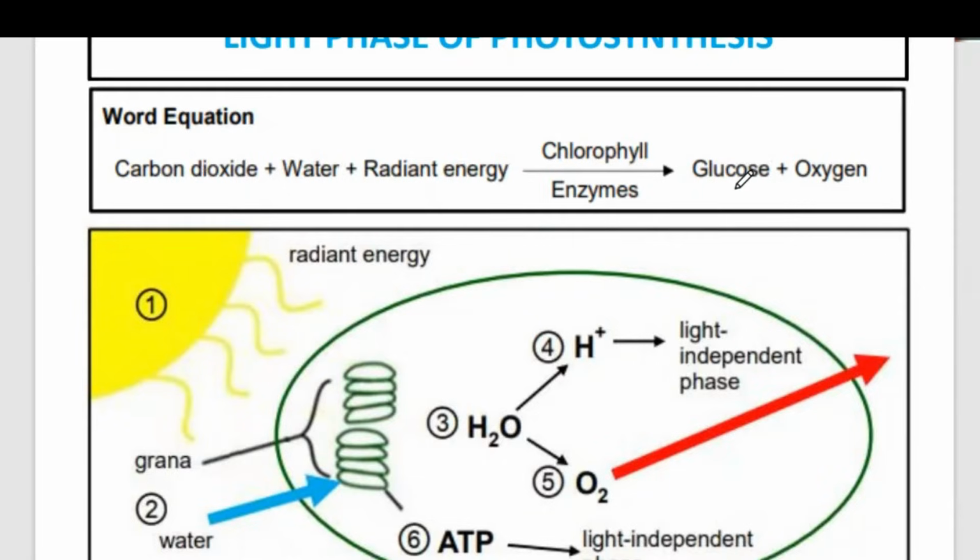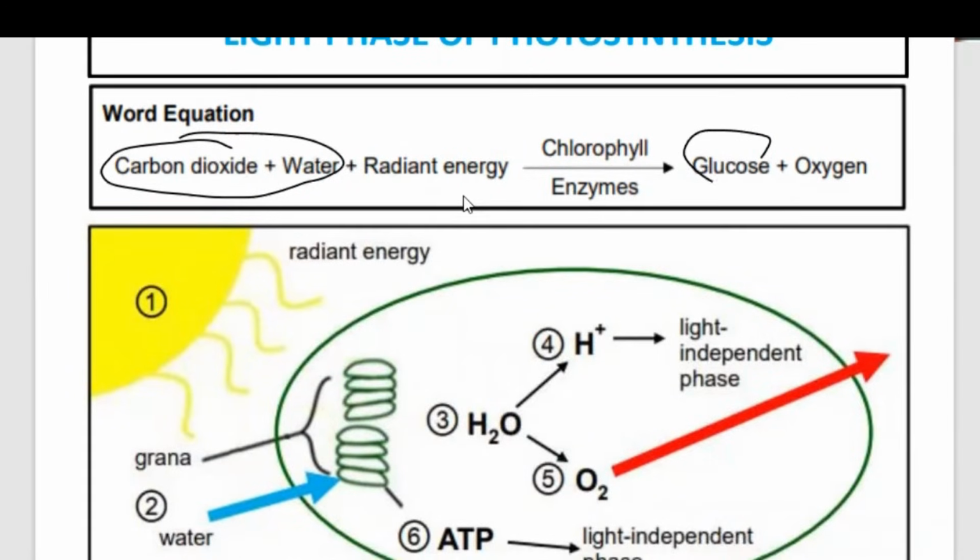They can ask you what the raw materials for photosynthesis are. The raw materials, or what is needed, are these two. The major product of photosynthesis is glucose. What are some of the conditions? Chlorophyll must be present. And what is the byproduct of photosynthesis? It is oxygen.